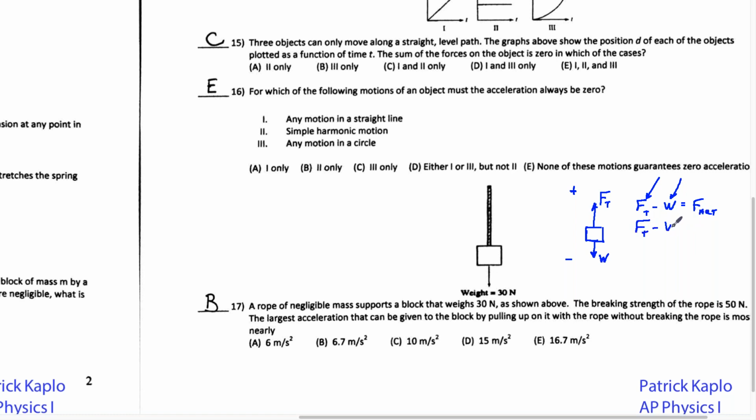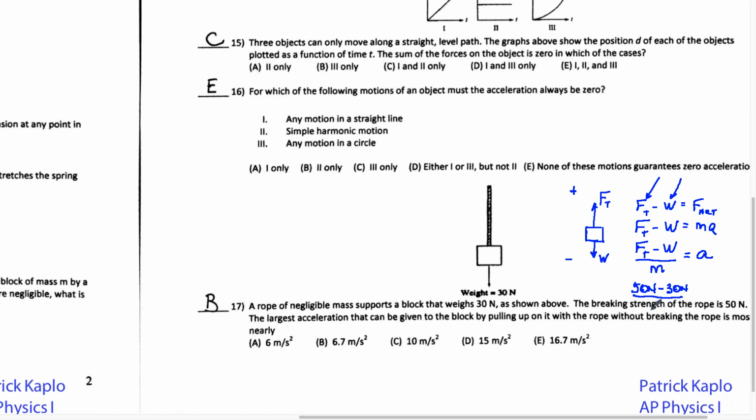So really what I'm doing is solving this for acceleration, and I'll divide both of those known forces by the mass, and I'll be able to figure out what the acceleration is. So the tension is 50 newtons, the weight is 30 newtons, so the numerator of that fraction is 20, and the mass is going to be equal to 3 kilograms, right?